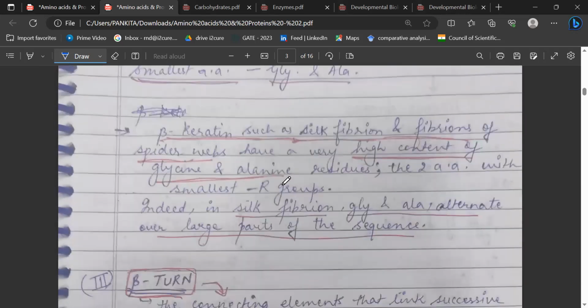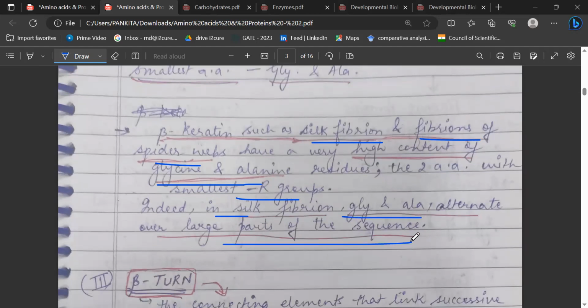Beta keratins, such as the silk fibroin or the fibroins of spider web, have a high content of glycine and alanine, the two smallest amino acids, whose side chains are the smallest. In silk fibroin, the glycine and alanine alternate over a large part of the sequence. So they are the major structure in the beta keratin.